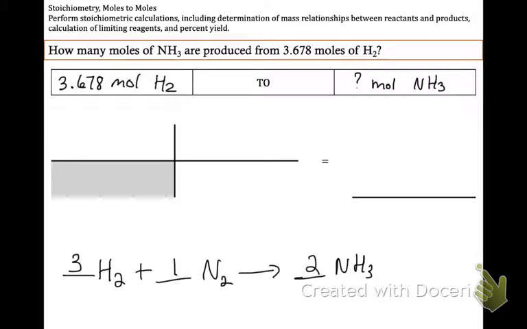Start by writing down your given, 3.678 moles of hydrogen. And then to cancel moles of hydrogen, that has to go on the bottom. So there are 3 moles of hydrogen. And I'm asking you to find NH3, so 3 moles of hydrogen for every 2 moles of NH3.